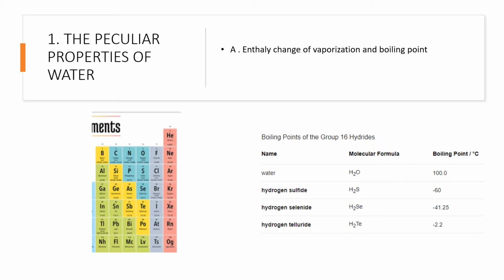We want to discuss the enthalpy change of vaporization and boiling point of water. Water, the formula is H2O. Here we have oxygen in the molecule. In the periodic table, I cut only the right part of the table.